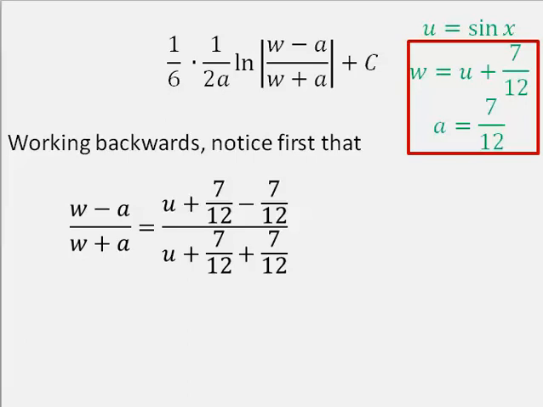I'm going to get 0. In the denominator, I can do that addition. I'm going to get twice of 7 over 12, which, as you know, is 7 over 6. To clean this up further, I multiply the top and the bottom by 6.